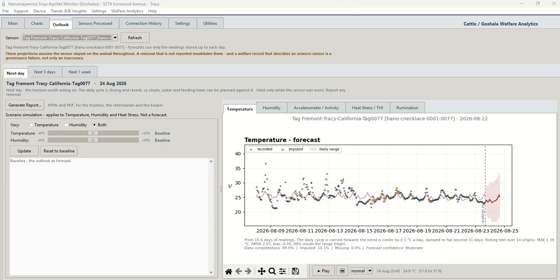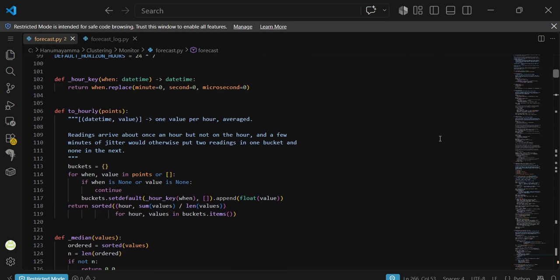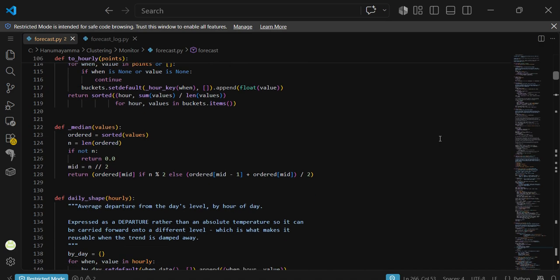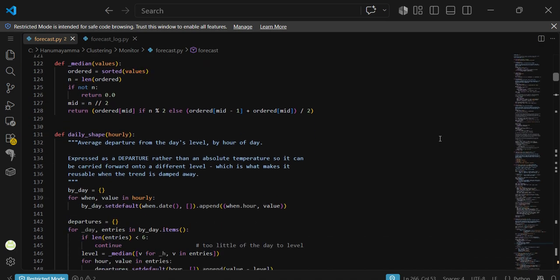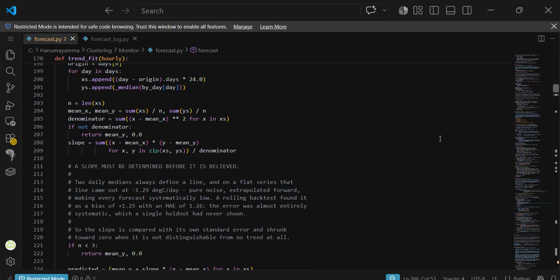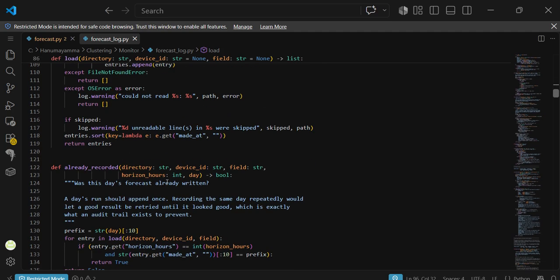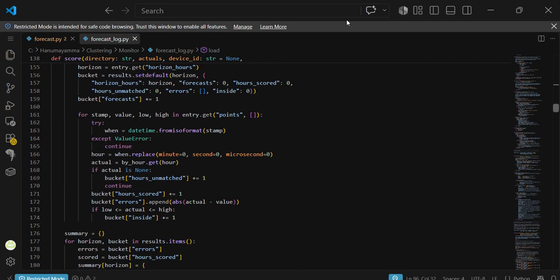There are four core model principles. First, the Prophet model. Here is a sample code that explains how we implemented the Prophet model and also the other models. We also log all the forecasts, and here is how we log. Here are the Python scripts.